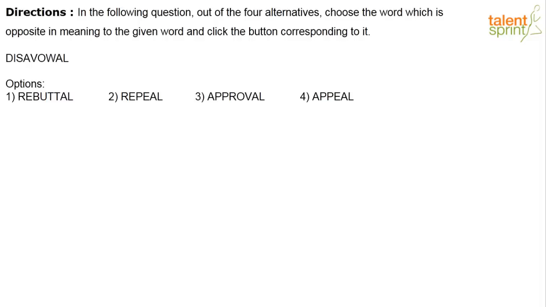In the given word, disavowal, give me the prefix which goes in the beginning of the word and give me the suffix. What's the obvious prefix and suffix that you are familiar with in this word, disavowal?